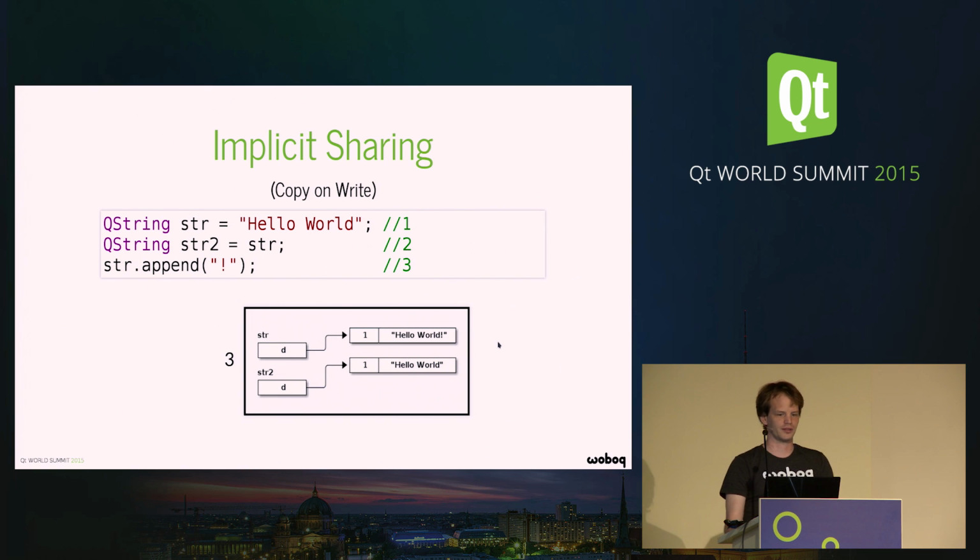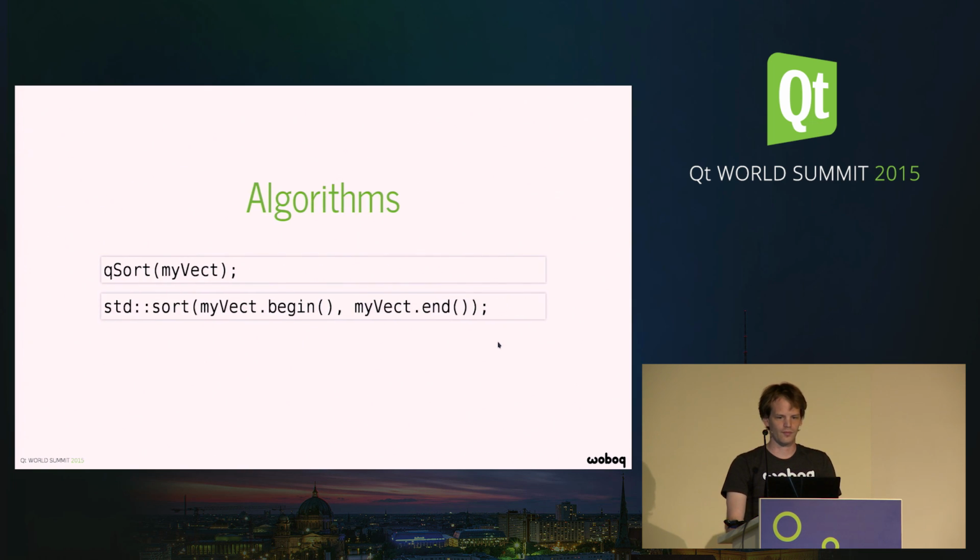It's a copy on write. So that was the main differences between Qt and the STL that are common to most of the containers. Most of the containers in Qt are implicitly shared, and almost none are implicitly shared in the STL.